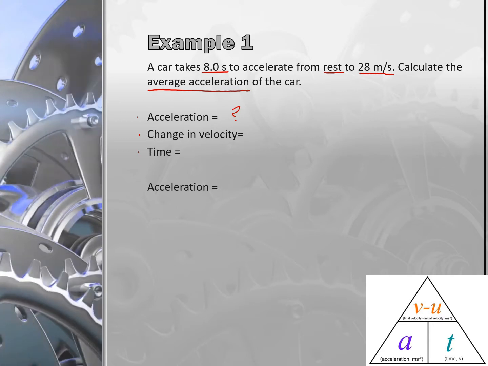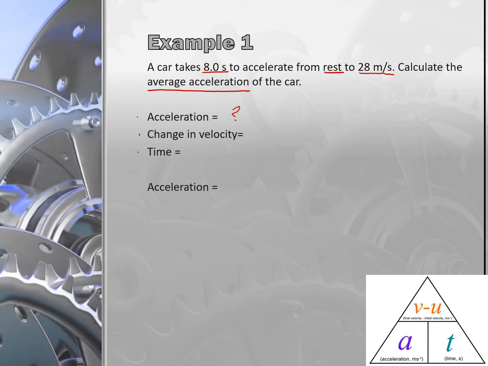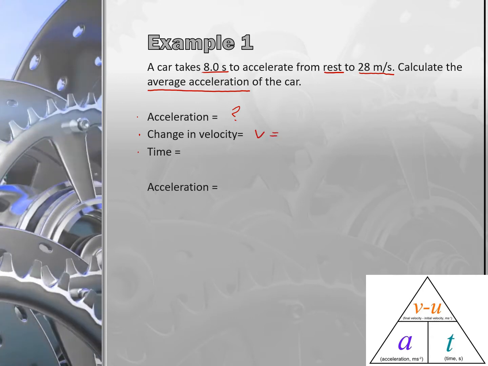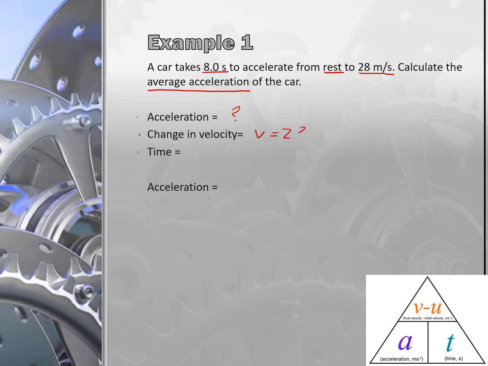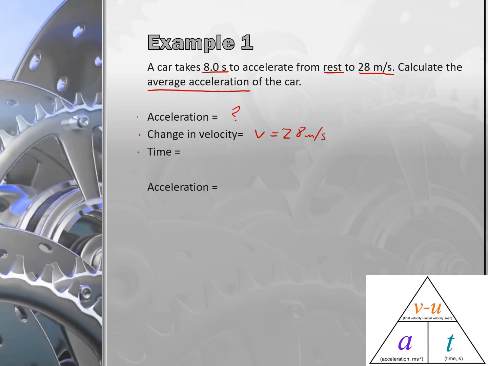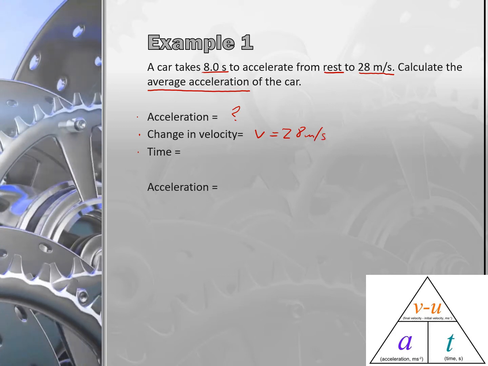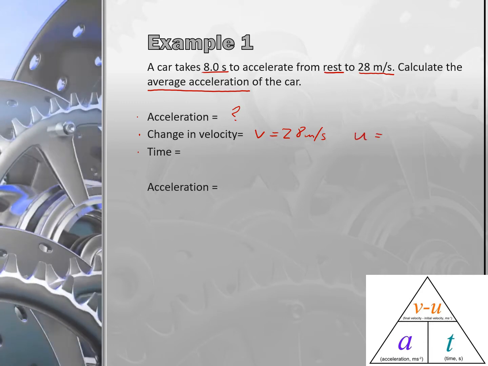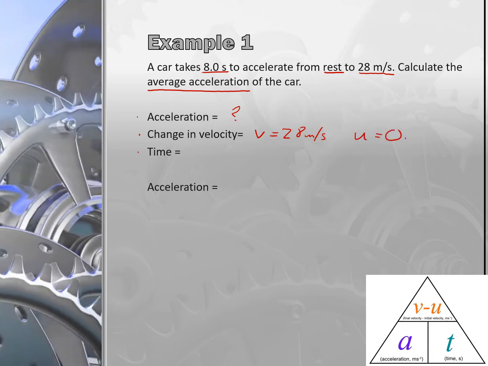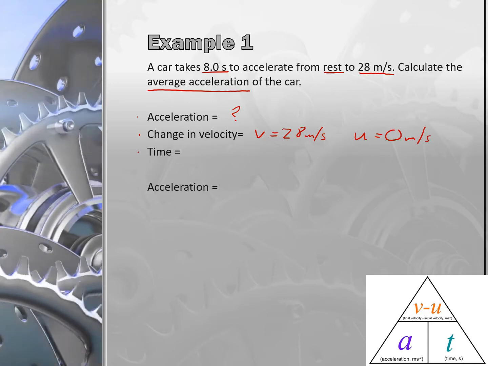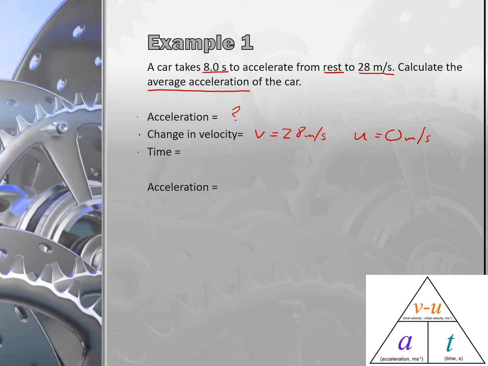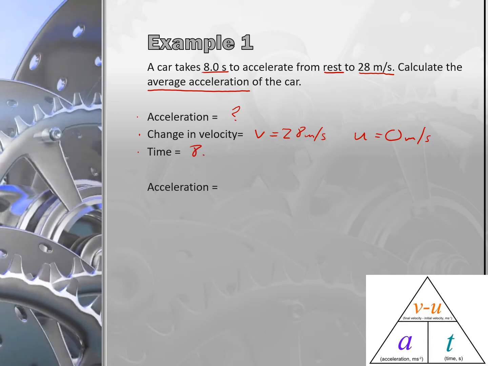The change in velocity, yes, we do know that. We know that the final velocity, v, is 28 meters per second. We know the initial velocity, u, is 0. If an object is at rest, it means it's not moving, so that's 0 meters per second. And we do know the time. The time is 8 seconds.